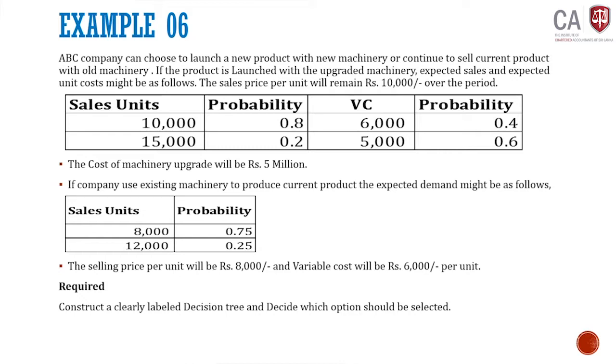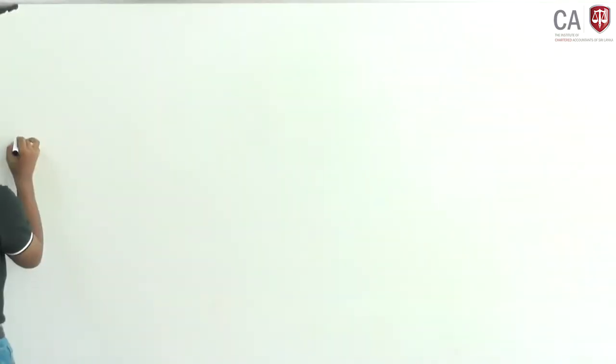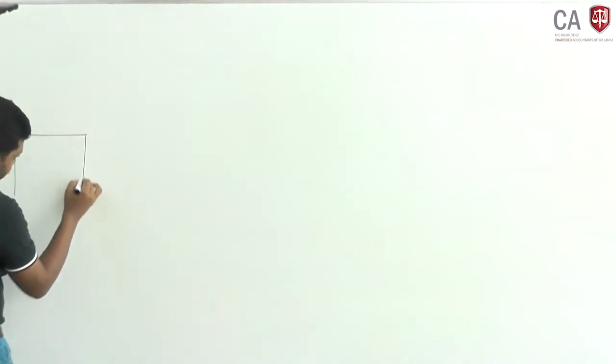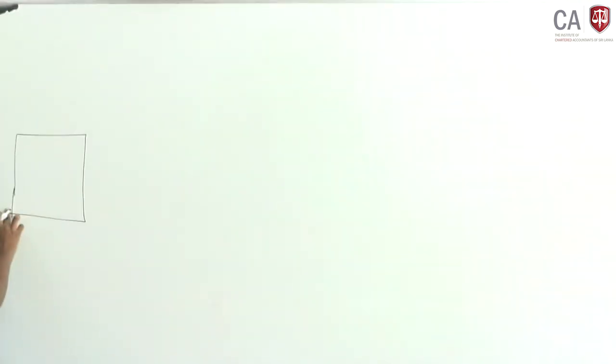When constructing a decision tree, remember it always starts with the decision point, and thereafter you show the branches, that means alternatives. We will start with the decision point.